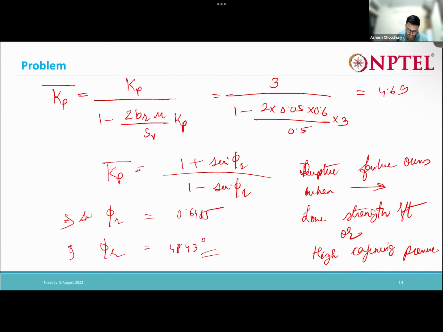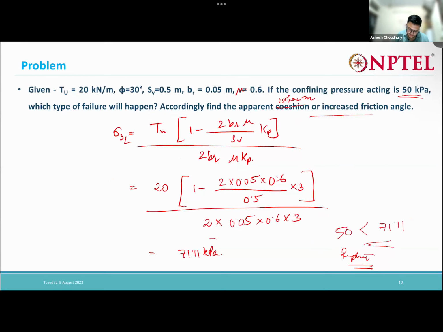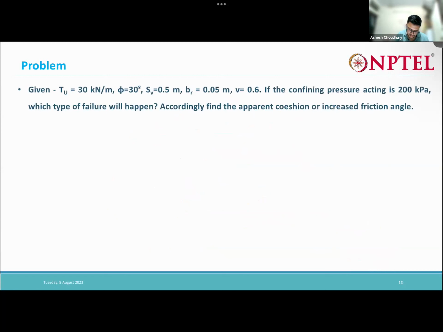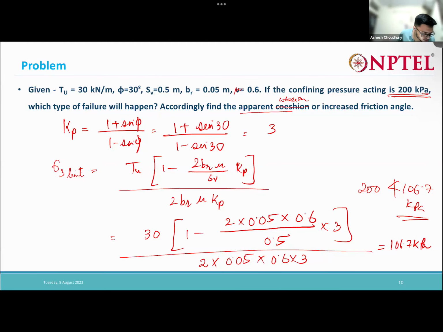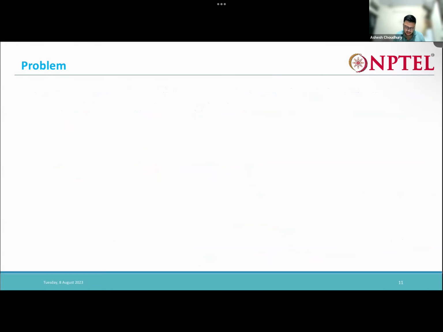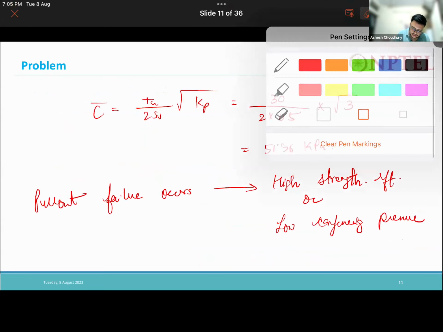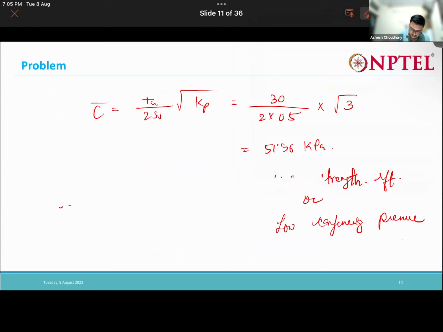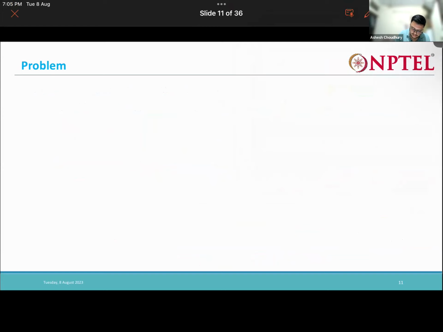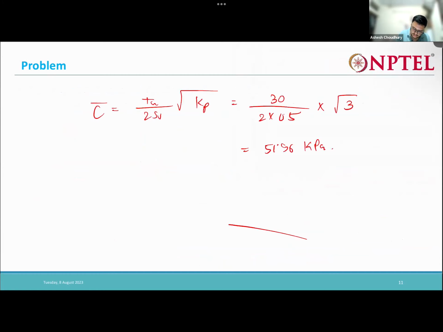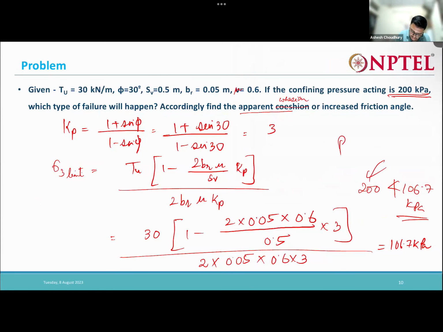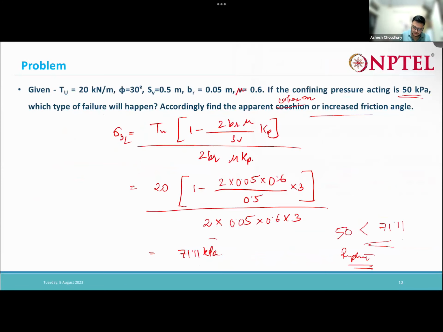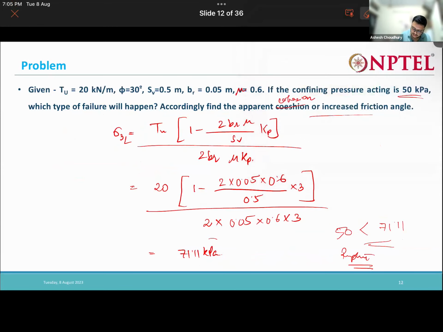Here rupture occurrence, right? And here we will have pull out failure, not rupture. So it depends.